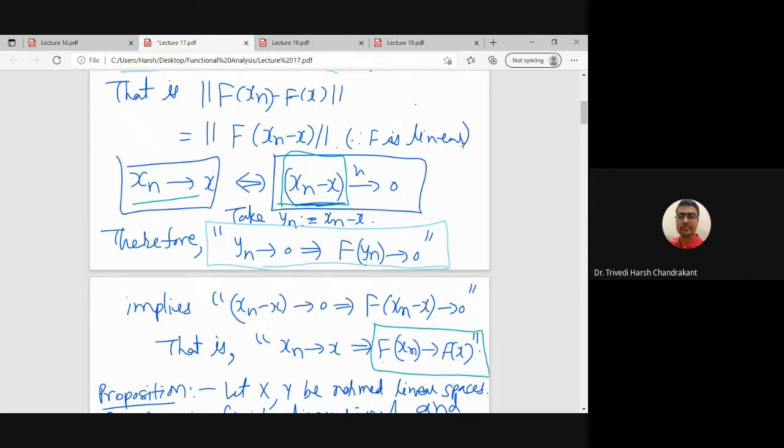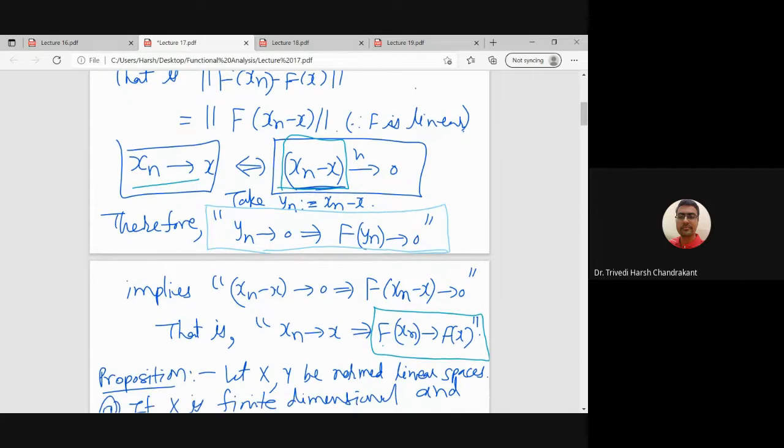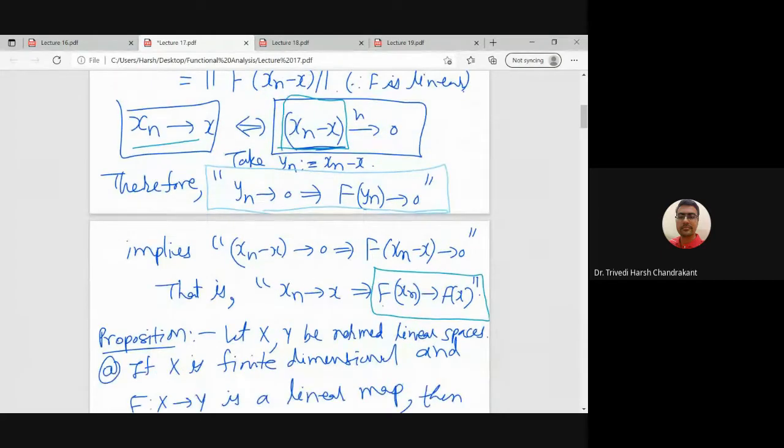And the converse is always true: if the function is continuous at every x, then it is continuous at 0. So a linear function from a normed space to a normed space is continuous if and only if it is continuous at the zero element of the vector space.